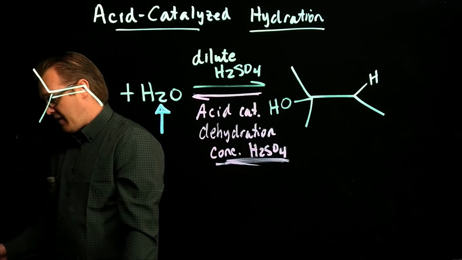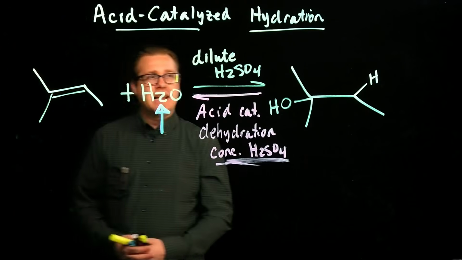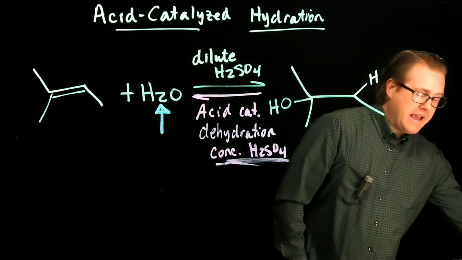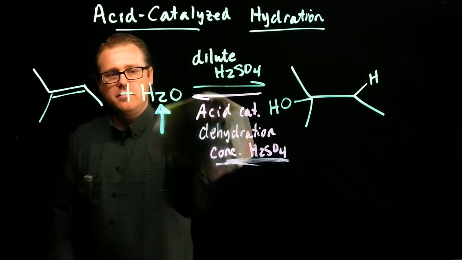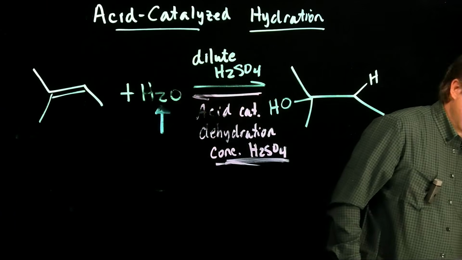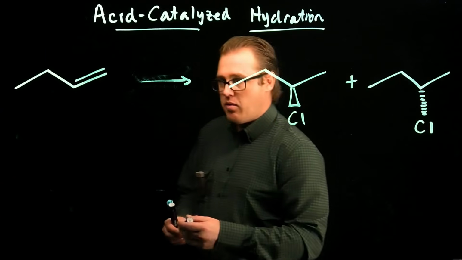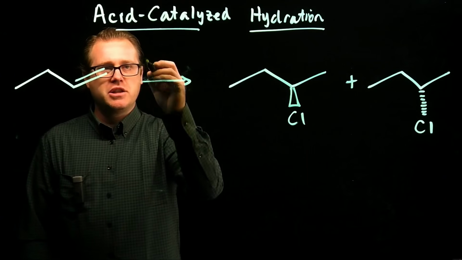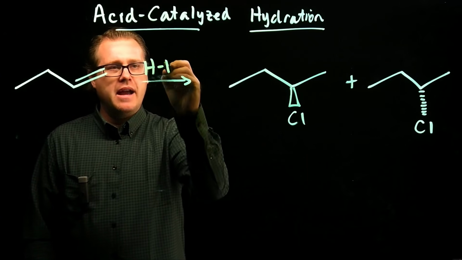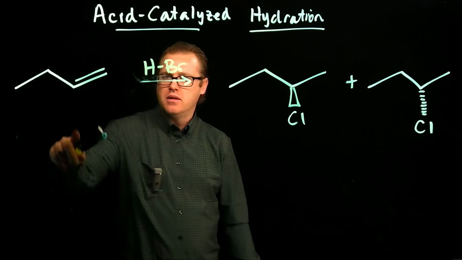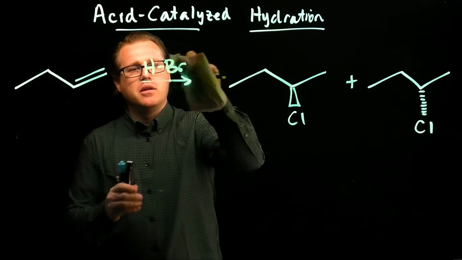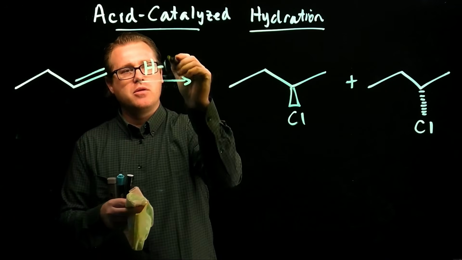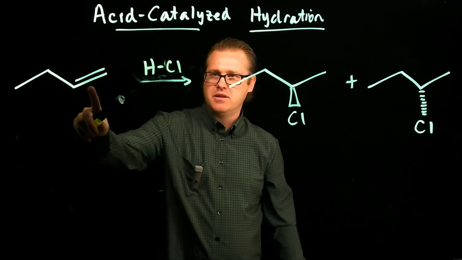Now, acid-catalyzed hydration can also generate stereocenters. Let's erase this. Do you recall when we were looking at hydrohalogenation, where if I had this reagent right here, this hydrochloric acid there, remember that reaction?